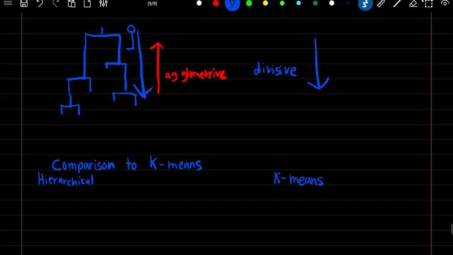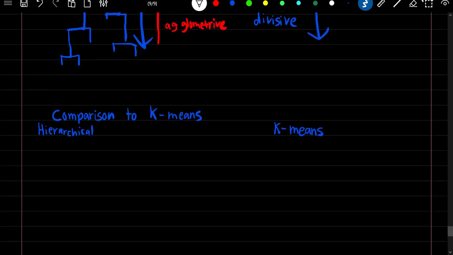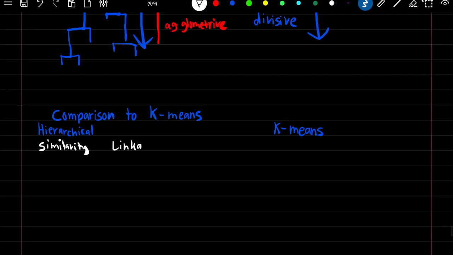So now we can do a quick comparison between k-means clustering and hierarchical clustering. With hierarchical, before you run your algorithm, you have to choose your similarity measure and your linkage function. With the similarity measure, we can choose Euclidean distance or some correlation.